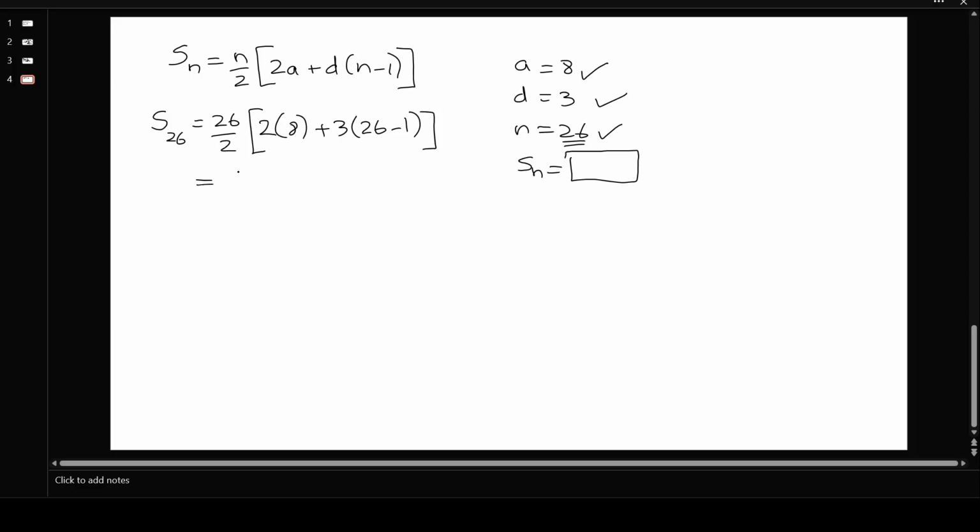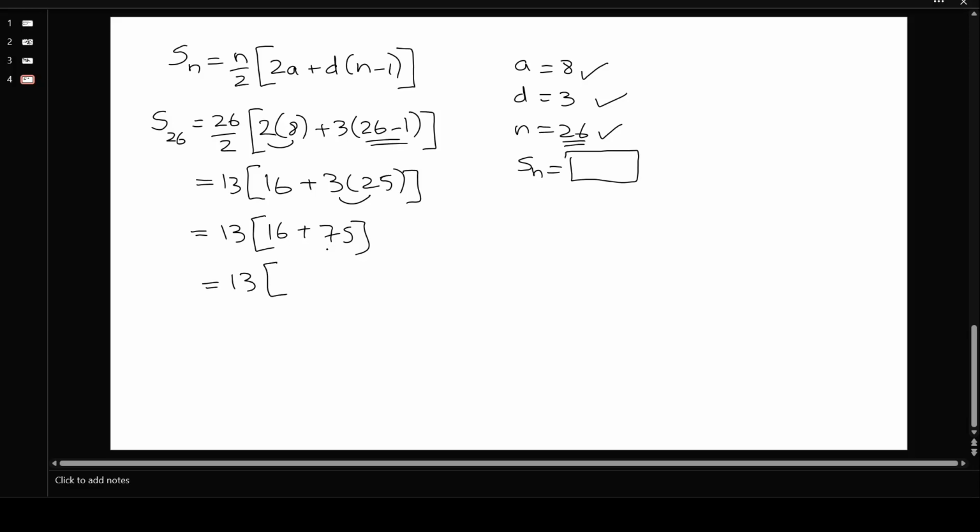And there you go. All you have to do is plug all this into your calculator. 26 divided by 2 is going to be 13. Open square bracket. 2 times 8 is going to be 16. And then we've got 3 times 26 minus 1, which is 3 times 25. The 13 stays. 3 times 25 is going to give us 75. 75 plus 16 is going to be 91.